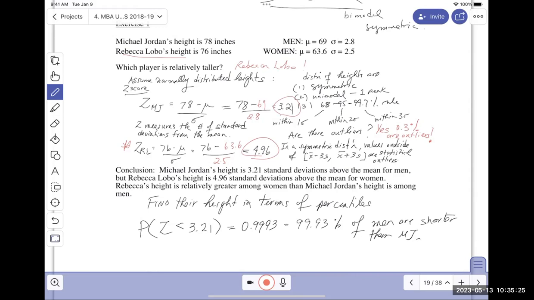This is just a symbol. This means the probability or proportion or percentage that are below 3.21, 99.93.